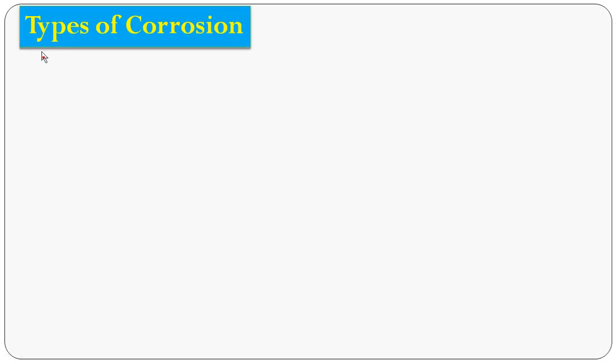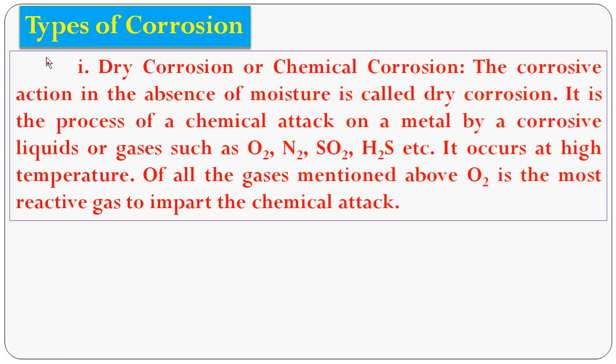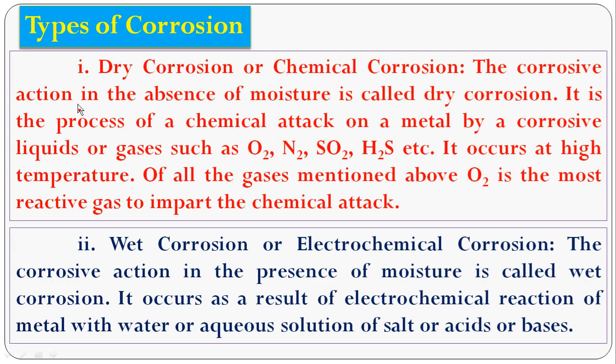Now the types of corrosion. There are two types of corrosion. The first one is dry corrosion or chemical corrosion. The corrosive action in the absence of moisture. Moisture means water, no water. So the absence of water is called dry corrosion.